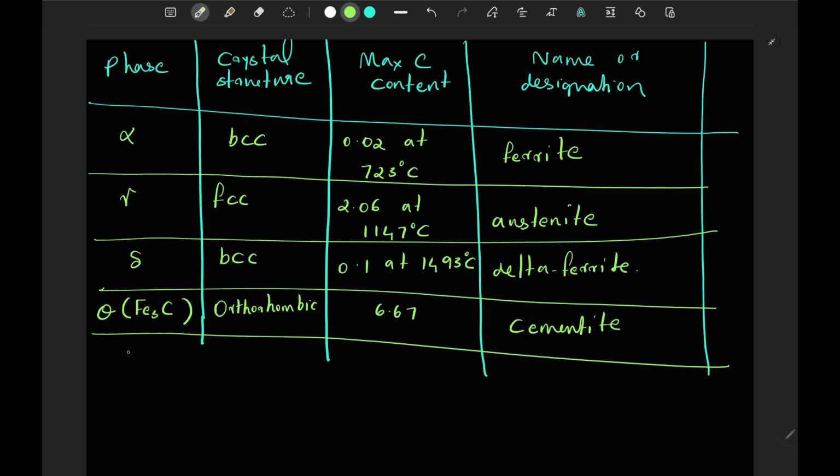Then this phase is not shown in the iron carbon phase diagram, but we are still writing it, which is the carbon. It has a HCP crystal structure, 100% carbon. It is called as graphite. Okay.